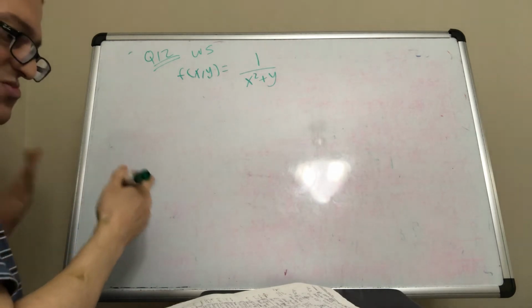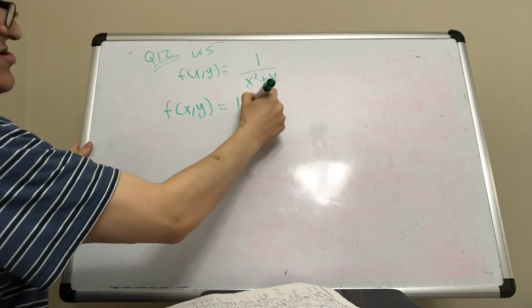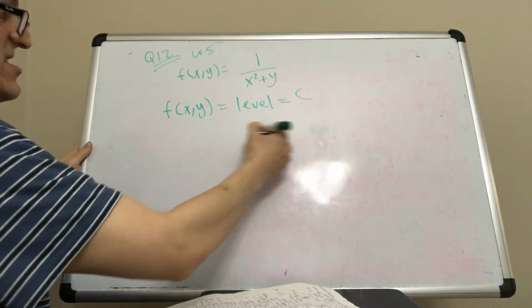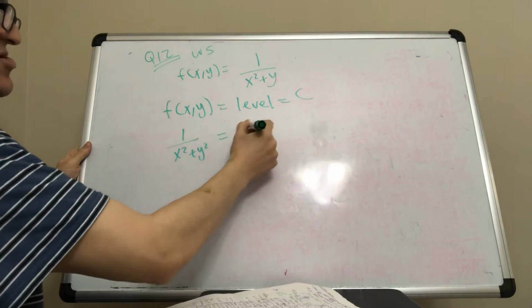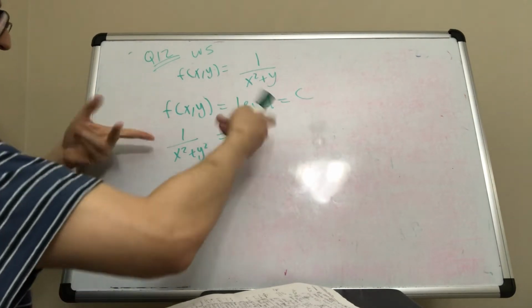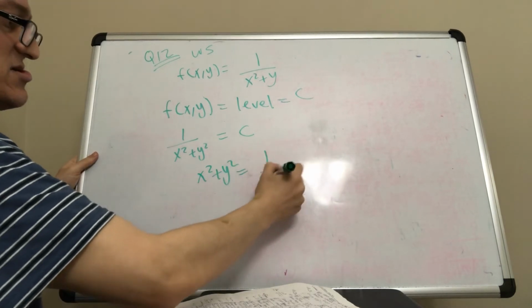So it's the rule that we go with. You take this and make it equal the level. So it would be this equaling c. If you flip both sides, then this is 1 over c.